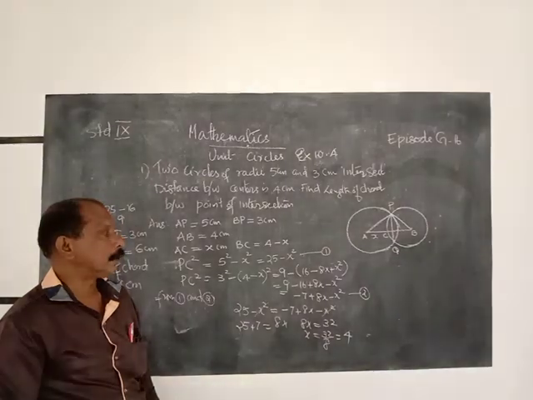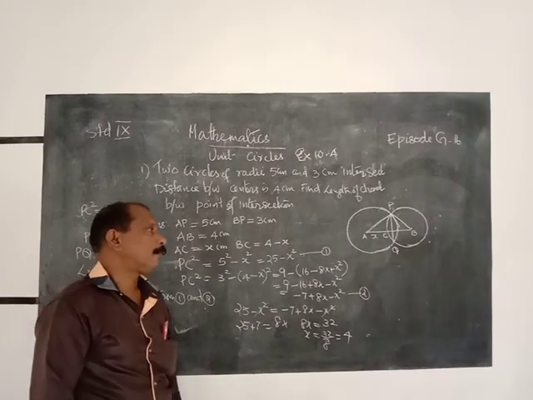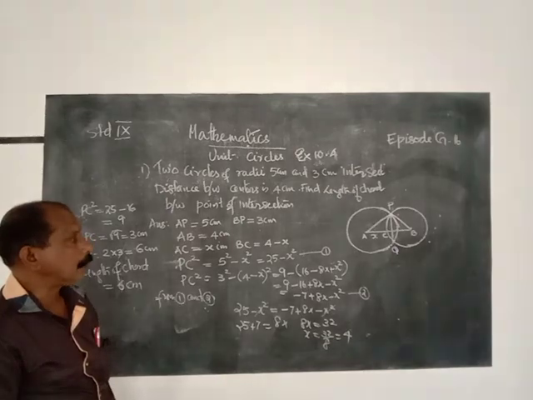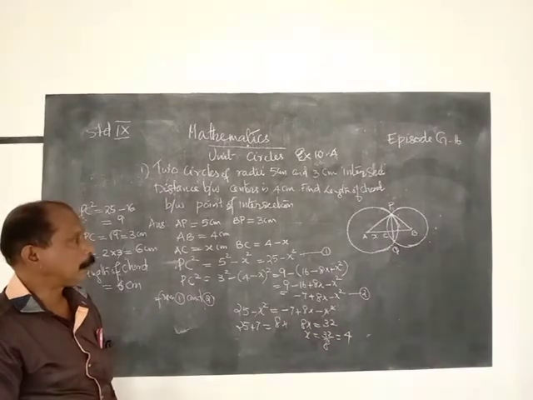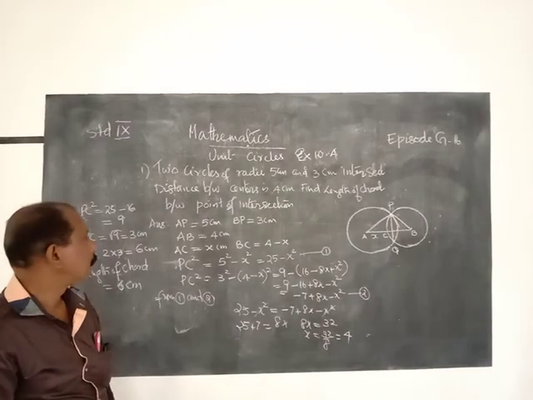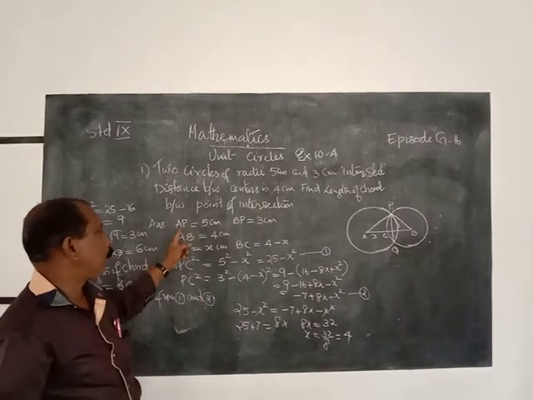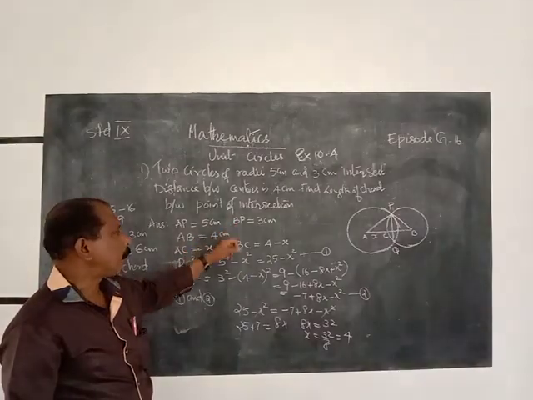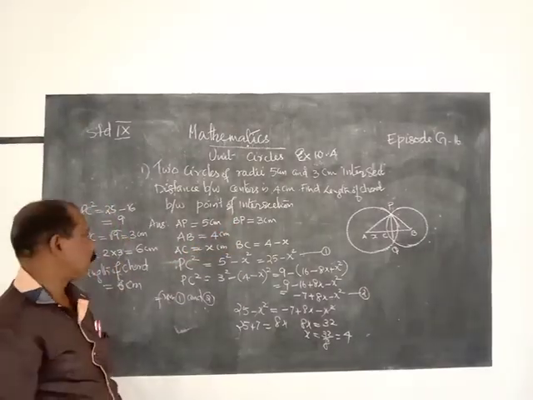Then PQ intersects AB at C. Therefore, for the first triangle PCA, the hypotenuse is PA, the base is x, and the altitude is PC. AP is equal to 5 cm, that is the radius of the first circle. BP is equal to 3 cm, that is the radius of the second circle.